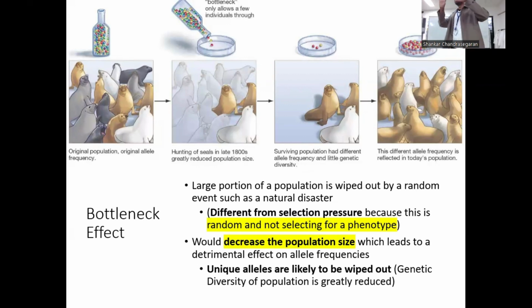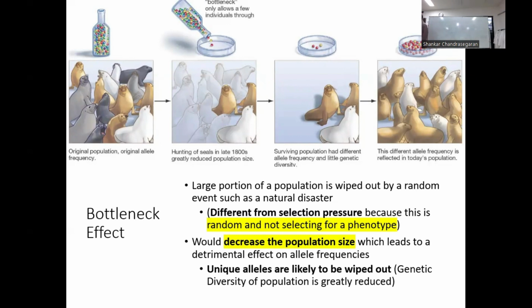Okay, I know this is a very complex idea to bridge together, but all you need to remember right now is that with natural selection, there is a specific phenotype that is selected for, right? But with genetic drift, there is a random and unpredictable event that is causing the change within the allele frequencies and how that impacts the population moving forward.